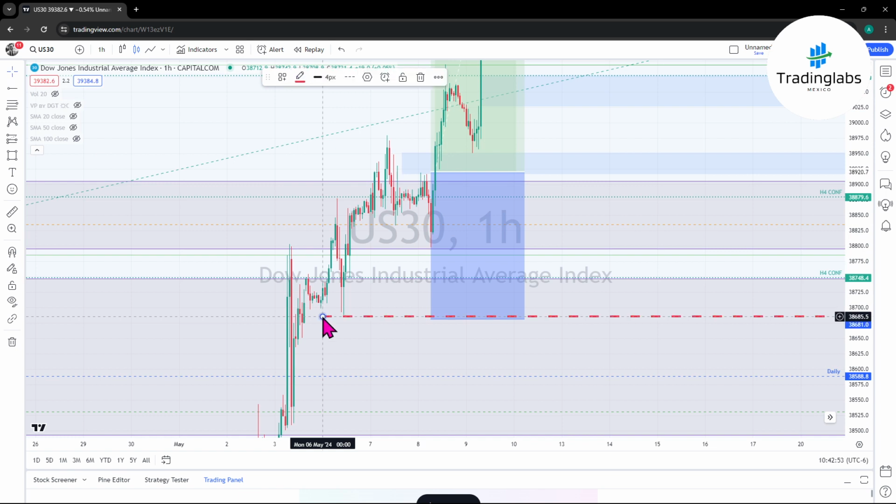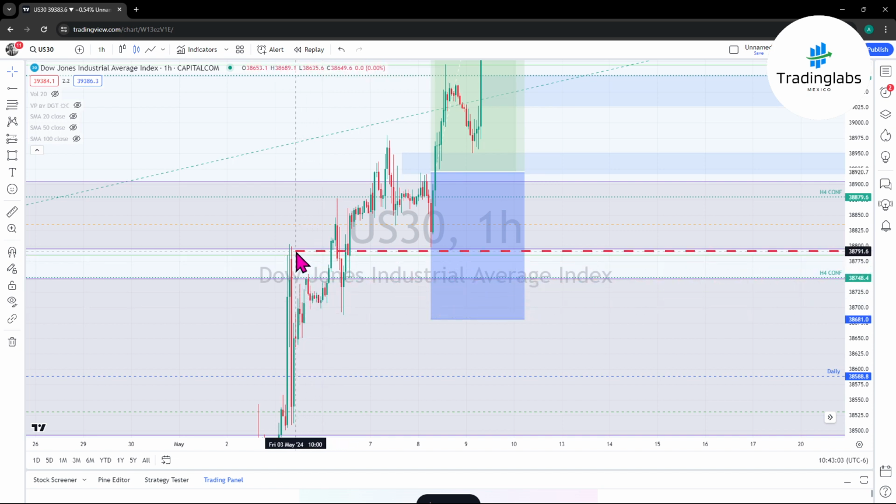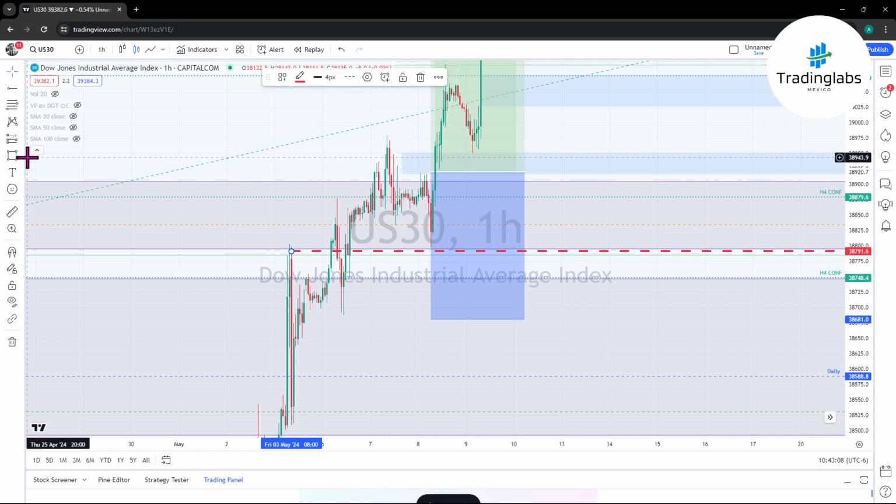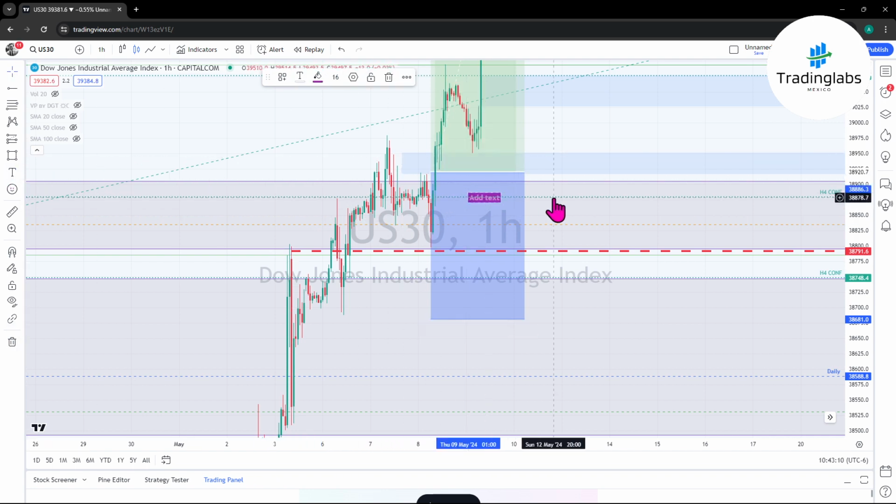All right. That is how you open this lot size. But if your hard stop is here, it means you open this stop loss.